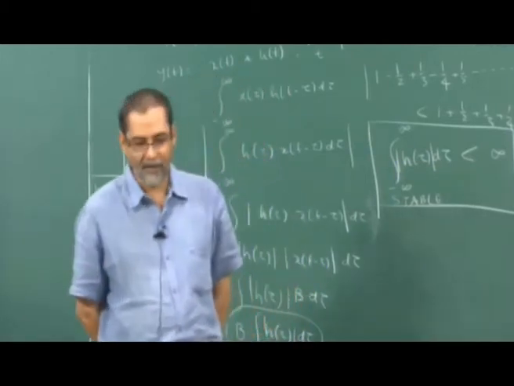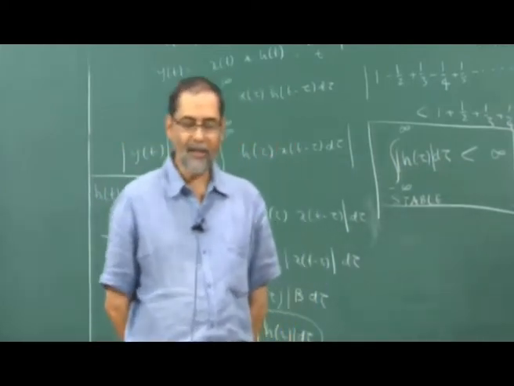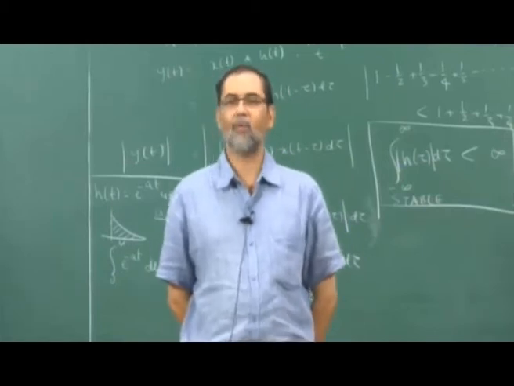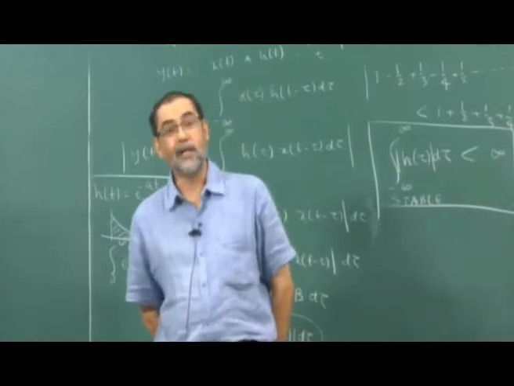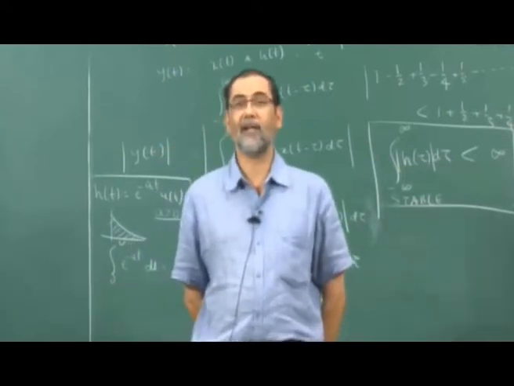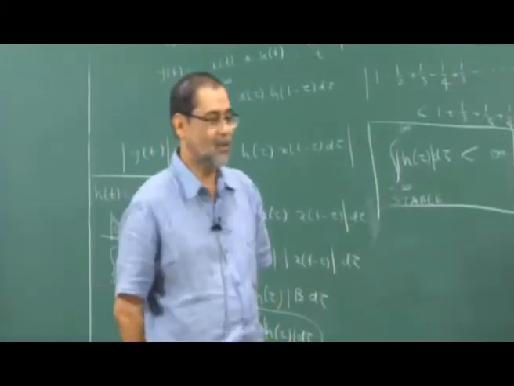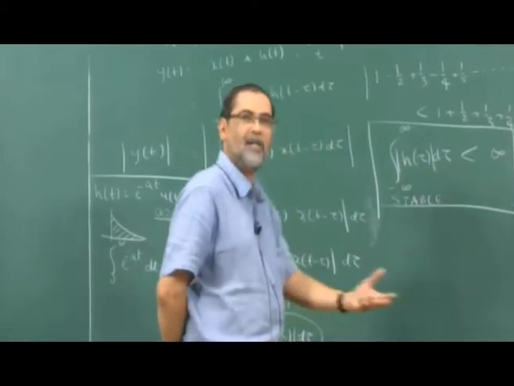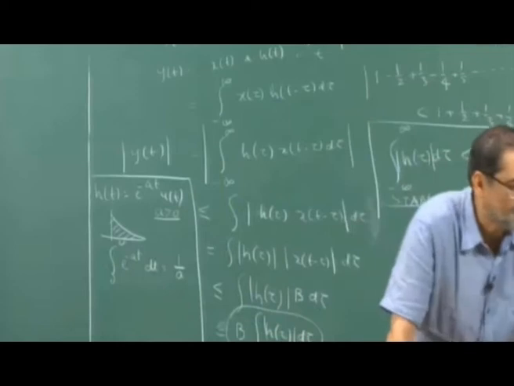I want each one of you in this course to at least mathematically prove and convince yourself that 1 plus 1 plus 1 up to infinity does not converge. It's an exploding sequence. So I wanted to show that. And for the same reason, integration of u of t also is not a converging series.